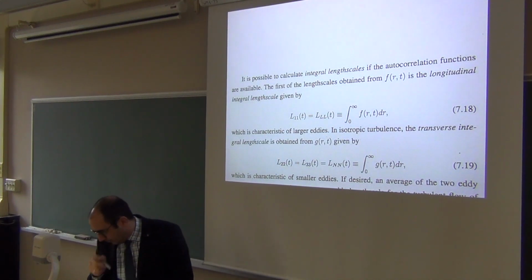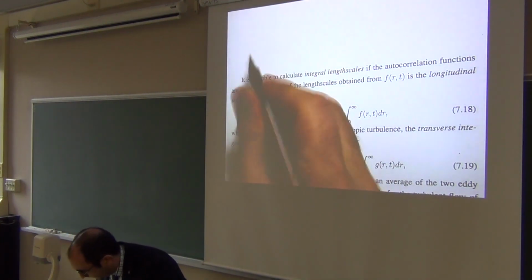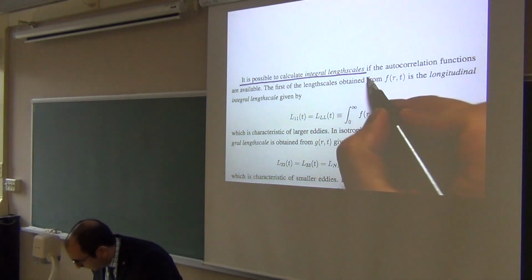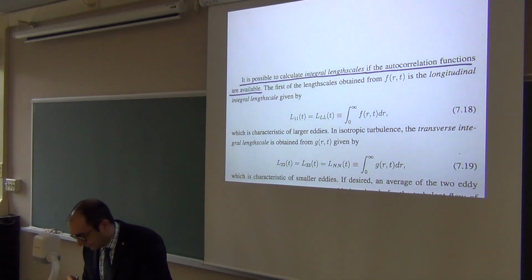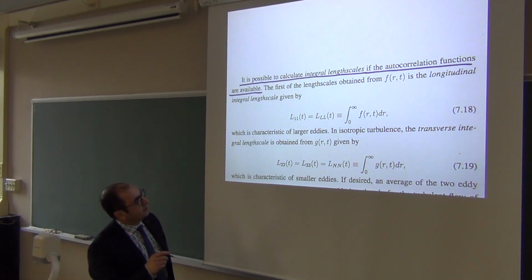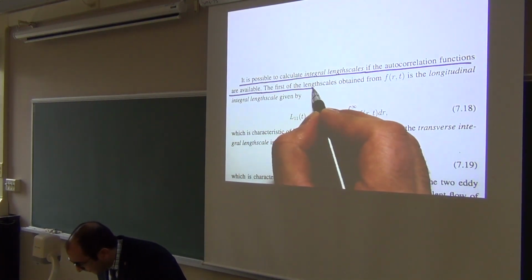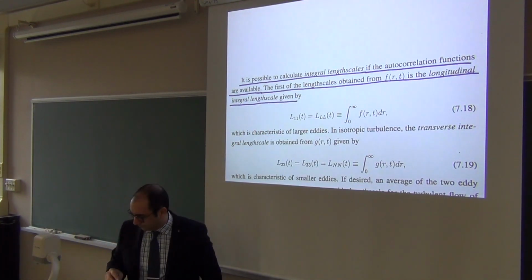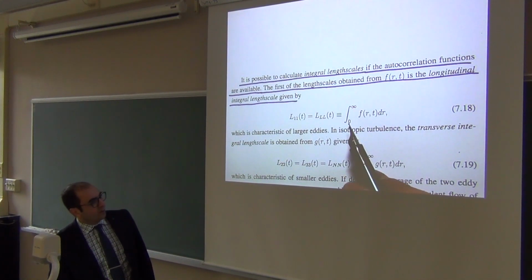It's possible to calculate now new integral scales, integral length scales. If the autocorrelation function is known, now we can calculate integral length scales. Now this is parallel with the integral time scales, which we calculated in a few chapters back. The first length scale is the longitudinal integral length scale, which is obtained by integrating this function f over all possible values of r from 0 to infinity.